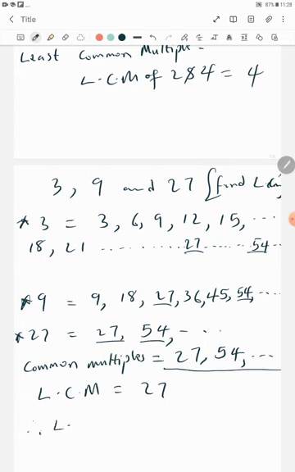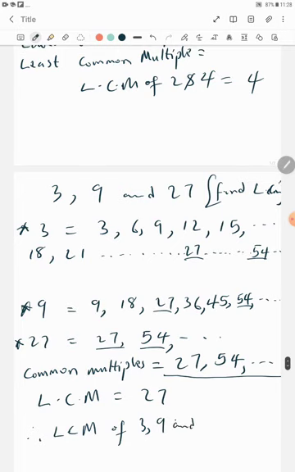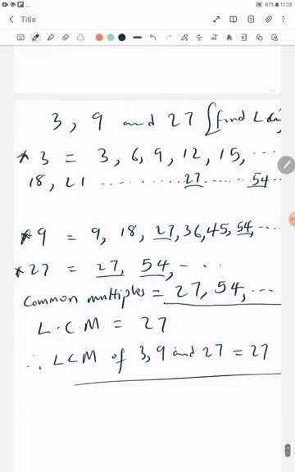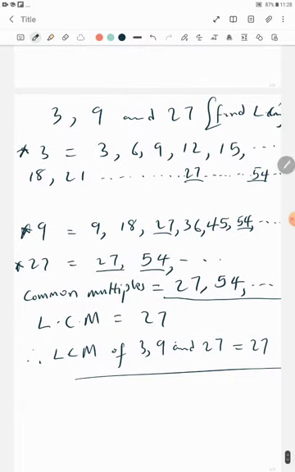Therefore, LCM of 3, 9 and 27 equals 27. So 27 happens to be the LCM of 3, 9 and 27. This is just a way of proving to you that this is what LCM means.